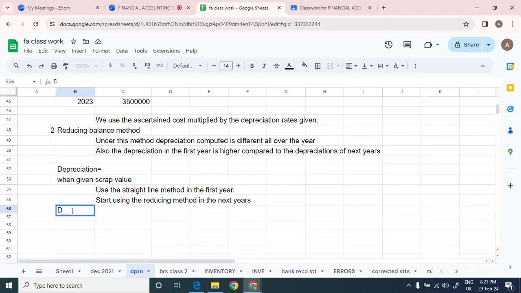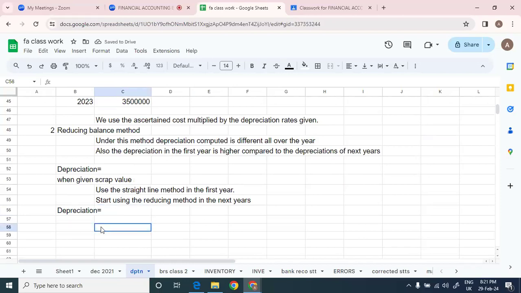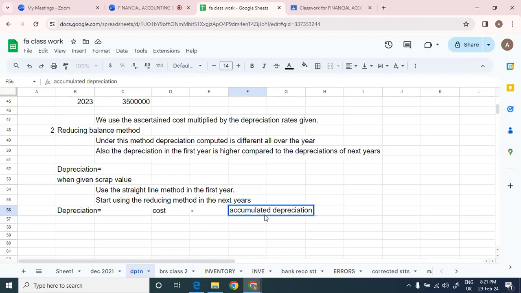So in the second year, my depreciation will be equal to the cost minus accumulated depreciation, then we divide by useful life. Are we together?